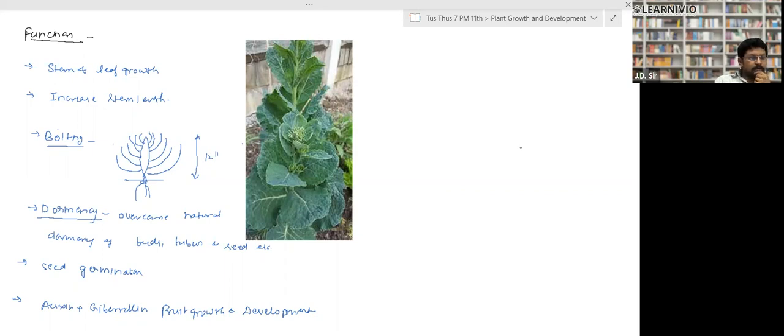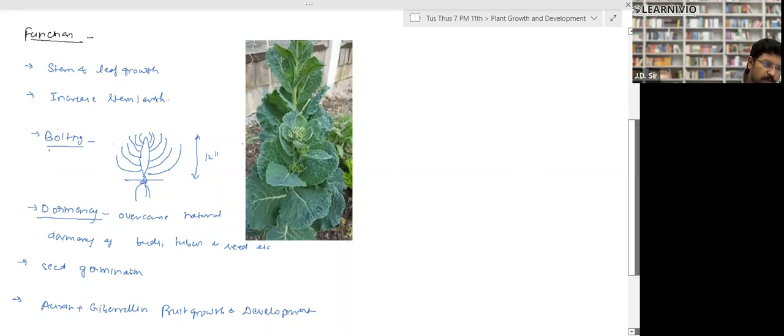Next point: it increases the length of the stem. Next point: third point, it is responsible for bolting.